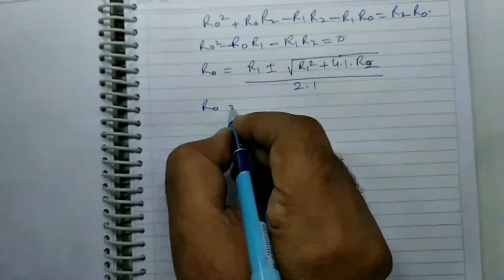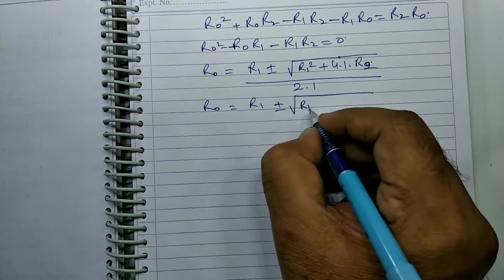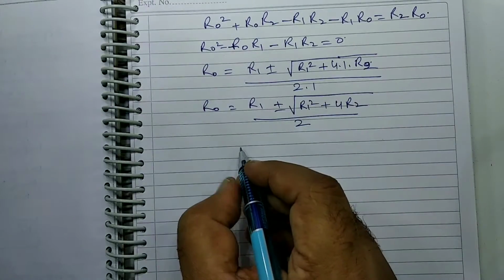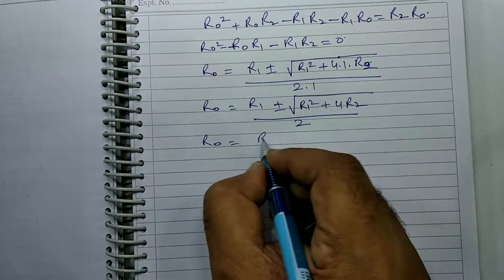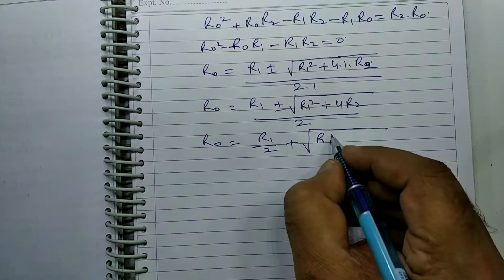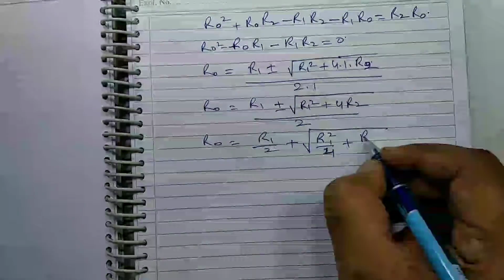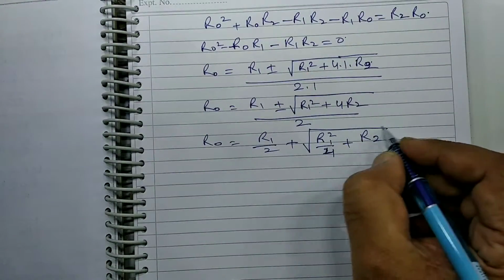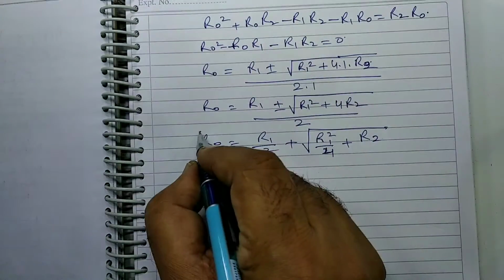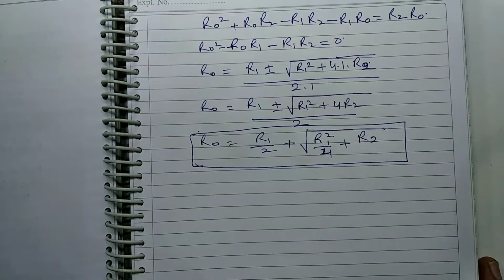So Ro is equal to R1 by 2 plus or minus the square root of R1 square by 4 plus R1 R2 by... Therefore Ro is equal to R1 by 2 plus the square root of R1 square by 4 plus R2. Now neglecting the negative value, this is the value of the characteristic impedance of the network.